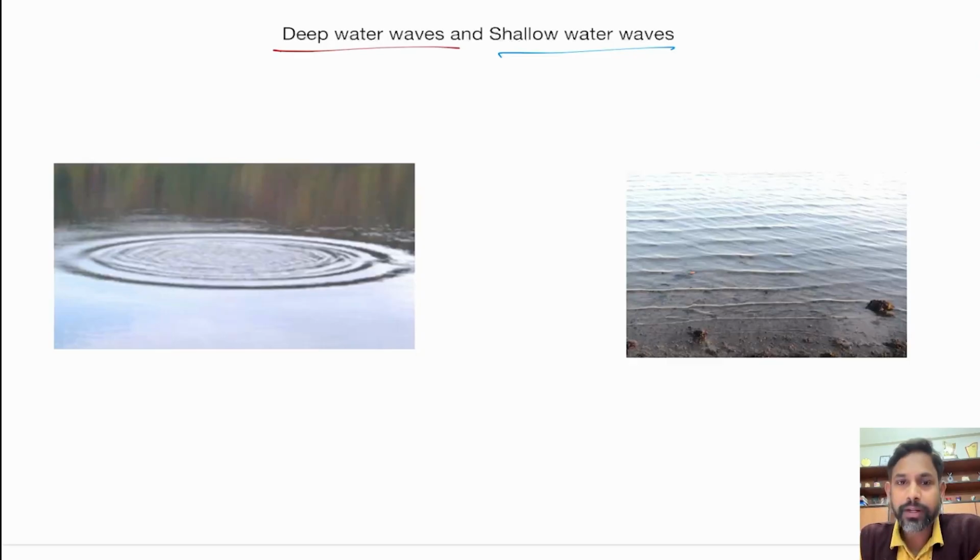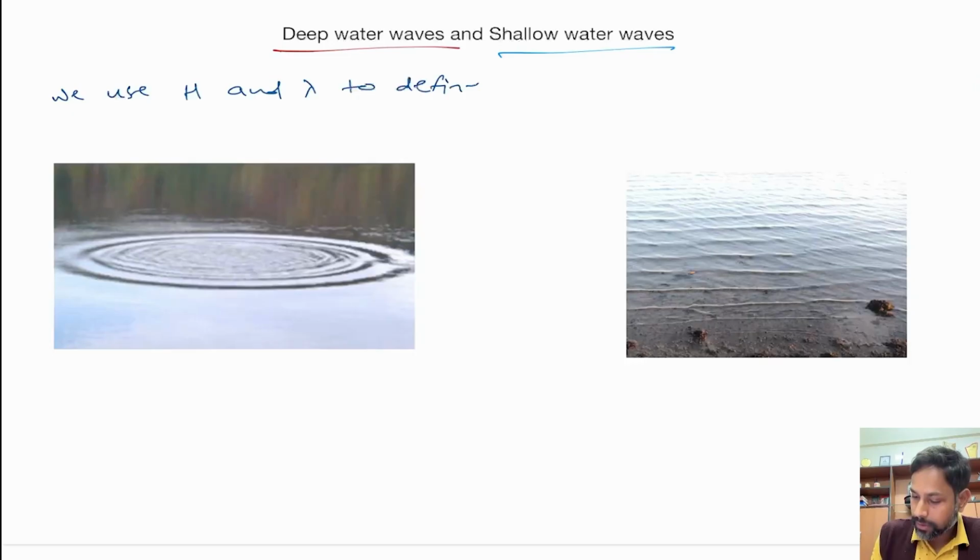Okay, and there are different ways to define these deep water waves and shallow water waves, but in general we use h and lambda to define these waves.